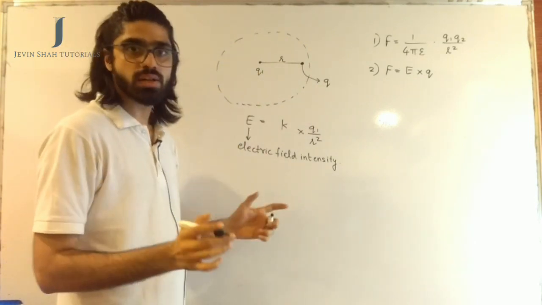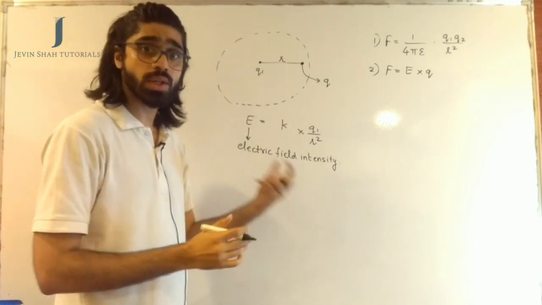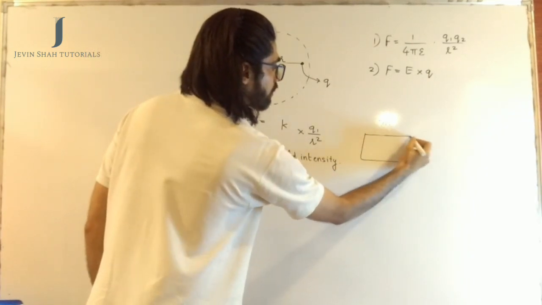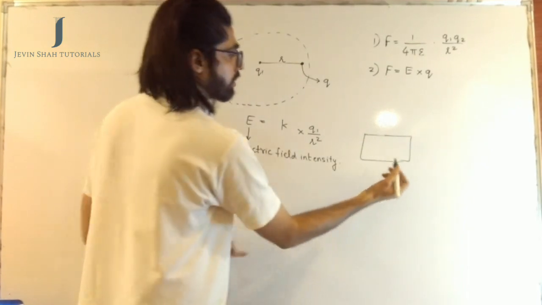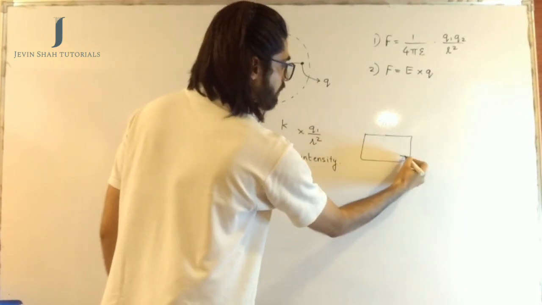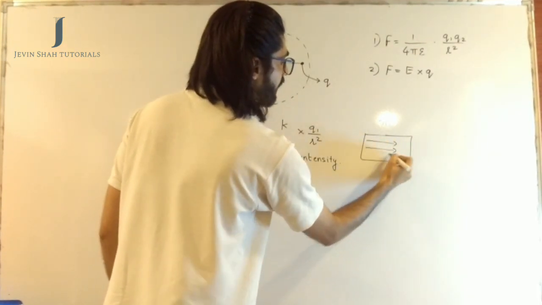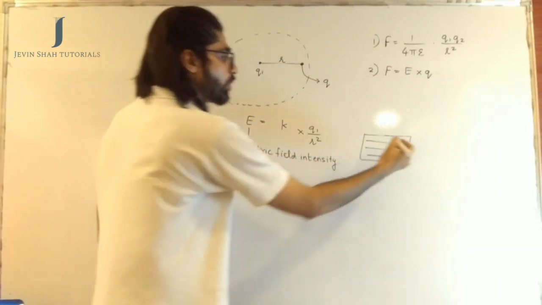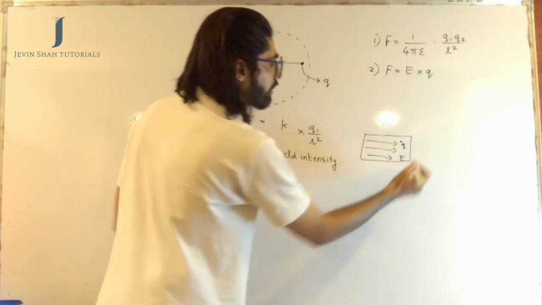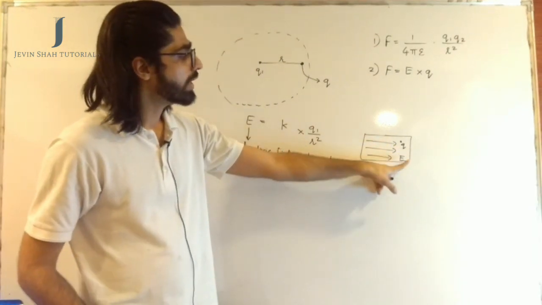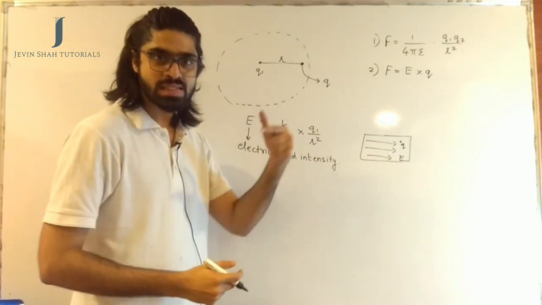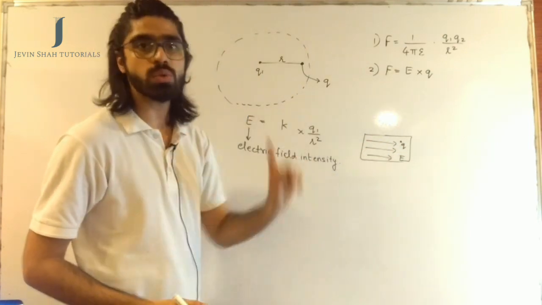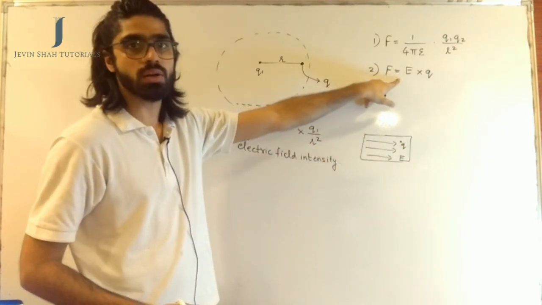So in general, here you are learning another formula or another concept which tells you that, say for example, there is a space, and in that space there is an electric field, and the electric field intensity in that space is capital E. If you put a charge Q in an electric field of intensity E, then the force experienced by the charge Q will be given by Q into E. That's the second formula you are learning.